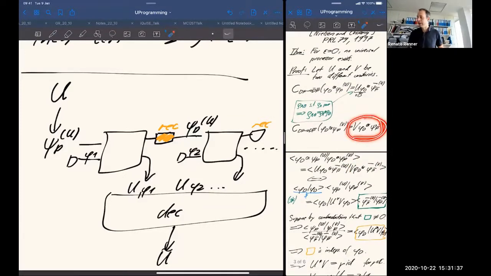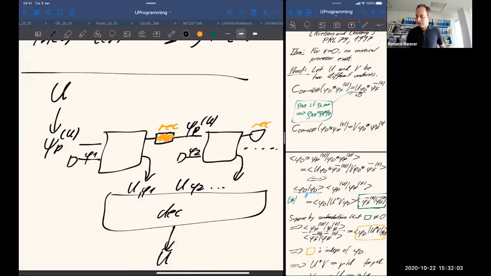Product state means that the program is not polluted by the data, so to speak. So we can reconstruct the program and execute it many times. Here is again the program, and then it's run again. If you have many executions of this, we have many data points, we have many times applied the U to a state phi, so we can recover the U very well.